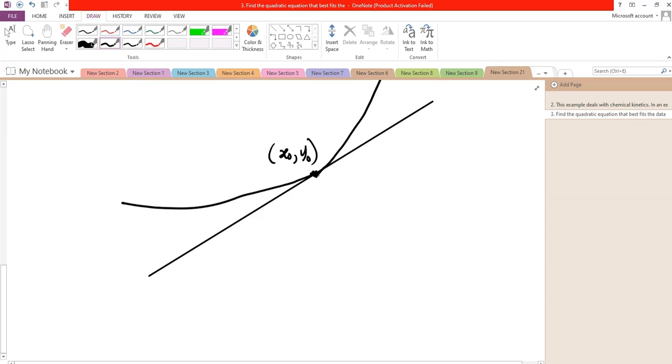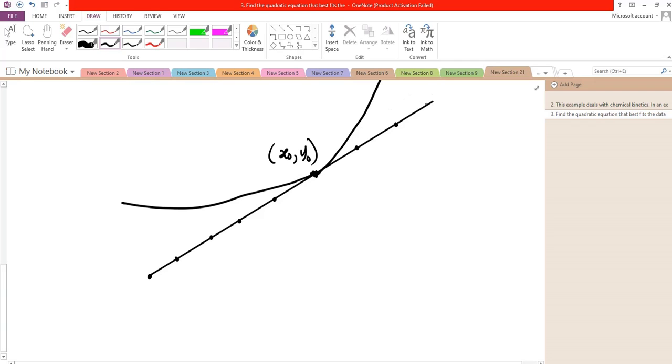Now at this point, we needed to get the value at these points to be able to know the equation of this tangent.